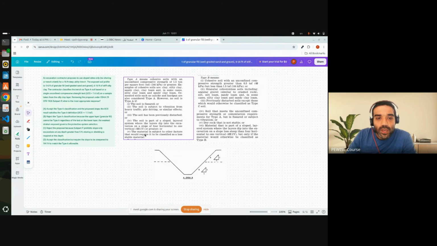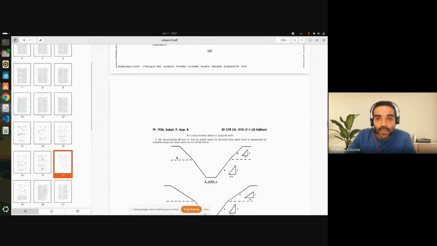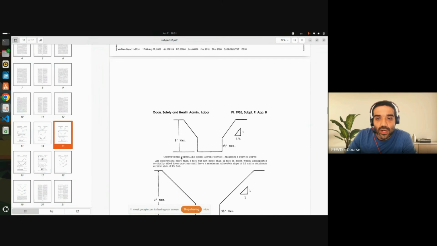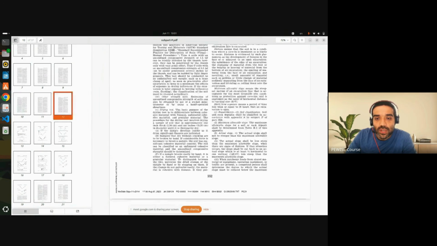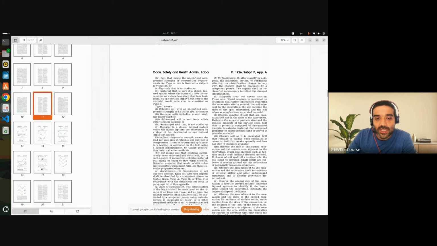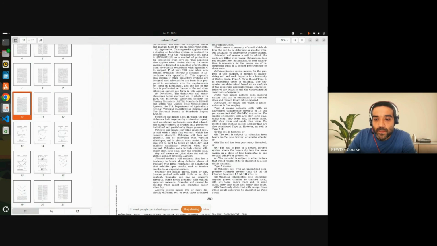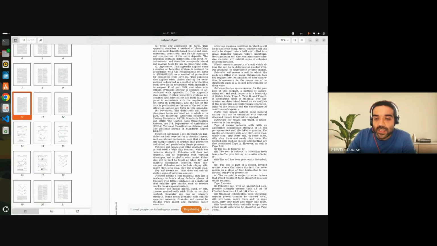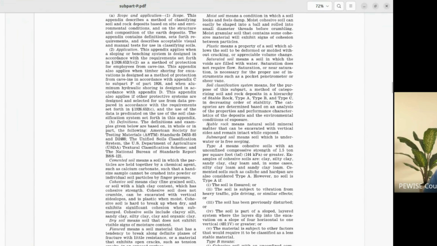So for soils, there are 4 types of soil in OSHA. One type is the rock. Let me show you the OSHA, so you are familiar with it during the exam to find different topics. So we have the stable rock, and a stable rock gives you the option of not having any slope.